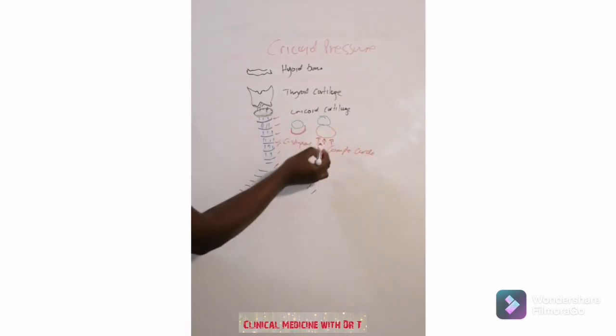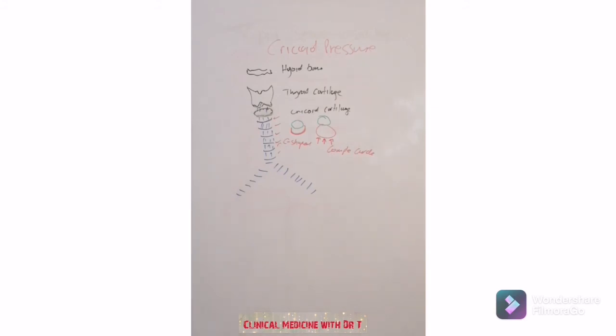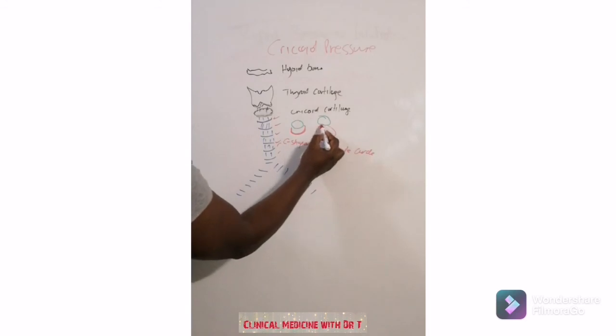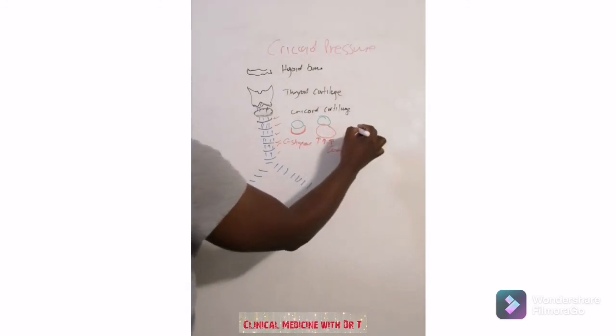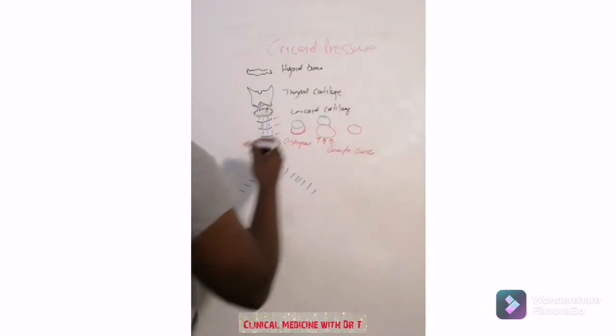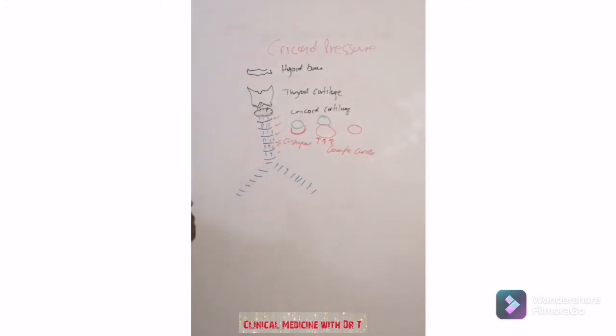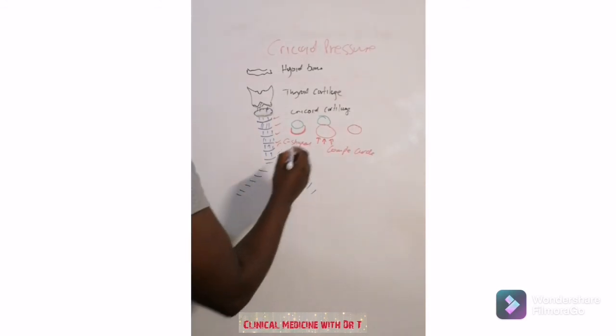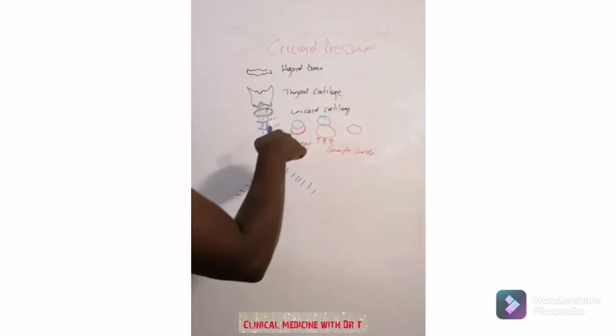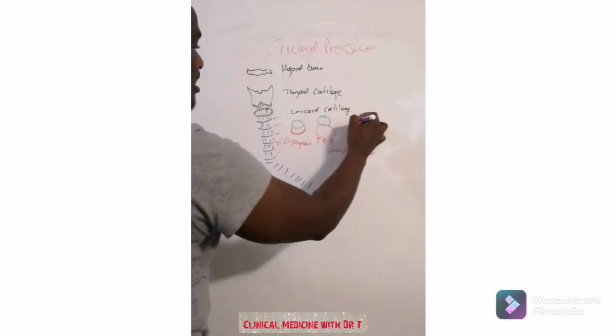So if you push against the cricoid cartilage, because it's complete there at the back, you are going to squash the esophagus like that, such that you even close it.